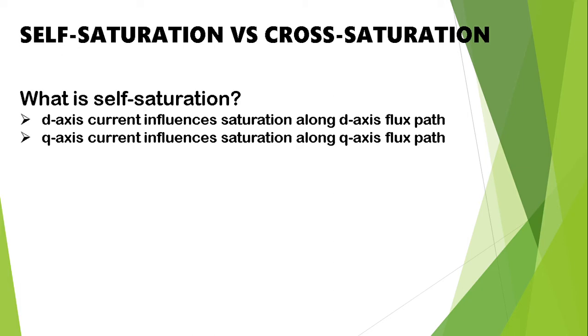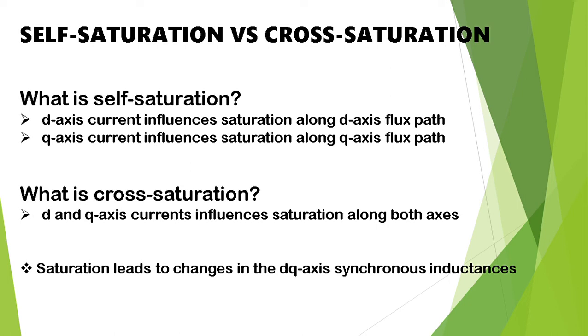By considering the dq axis, self-saturation is when the d-axis current influences the saturation along the d-axis flux path, and likewise, the q-axis current influences the saturation along the q-axis flux path, whereas the cross-saturation effect is when the d and q-axis currents are able to influence saturation along either the d or q-axis flux paths.